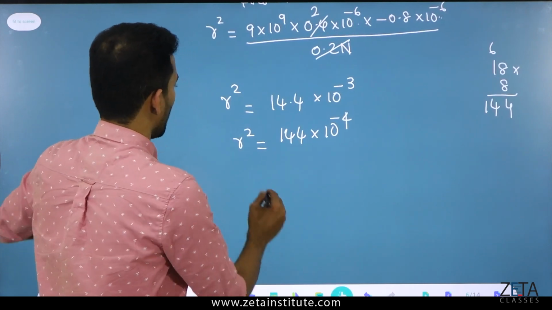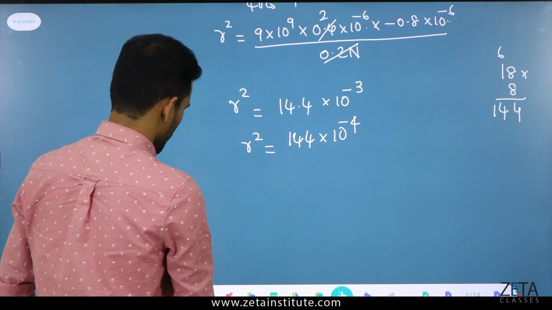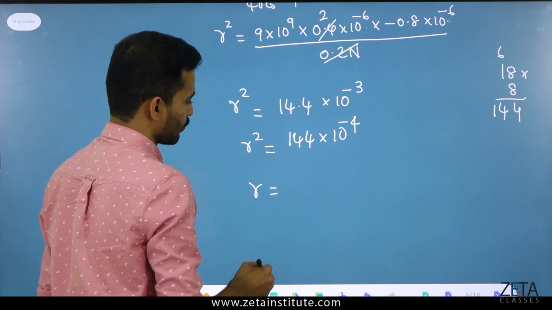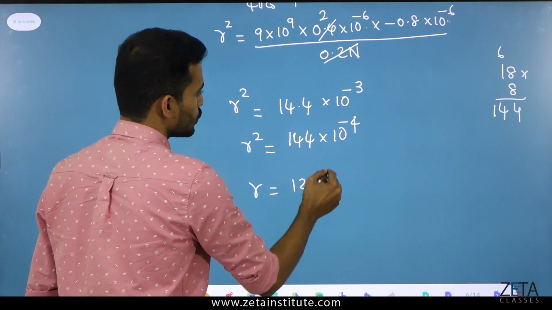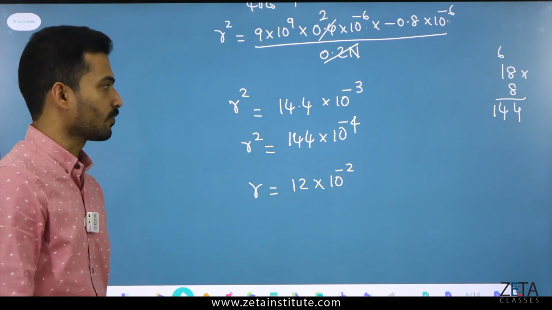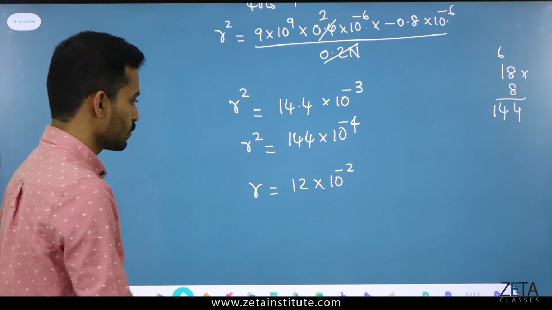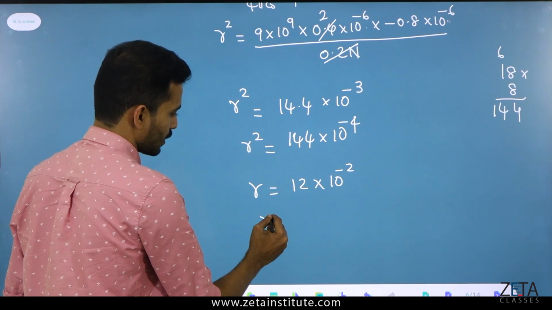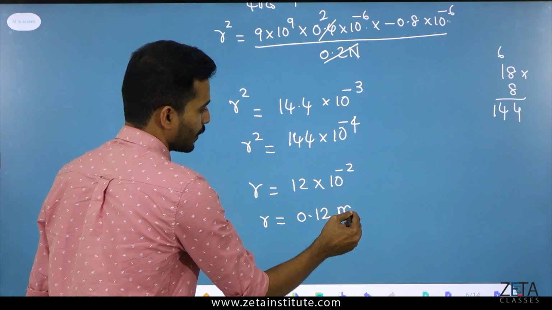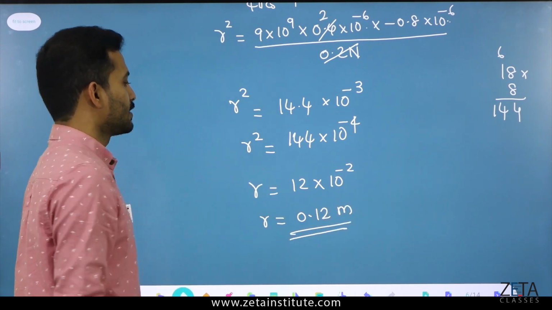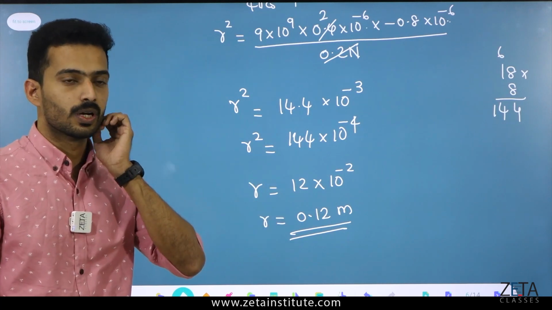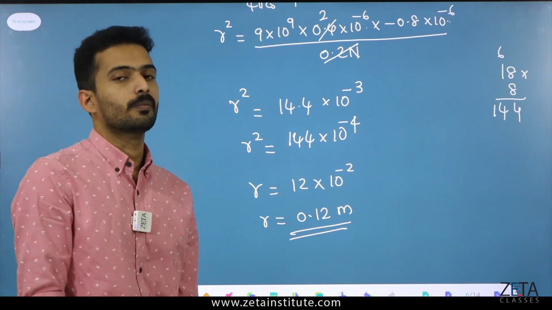Then what is R? R is equal to root of that value, that is root of 144, that is 12, into, root of 10 raised to minus 4 is 10 raised to minus 2. So we can write R is equal to 0.12 meter. The distance between the two charges is R is equal to 0.12 meter.